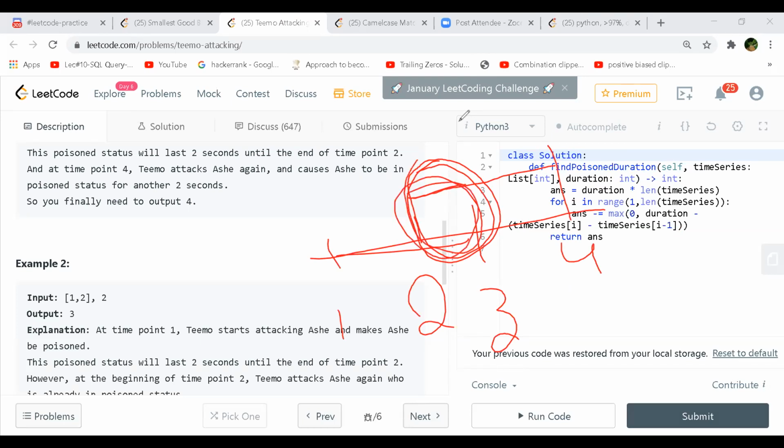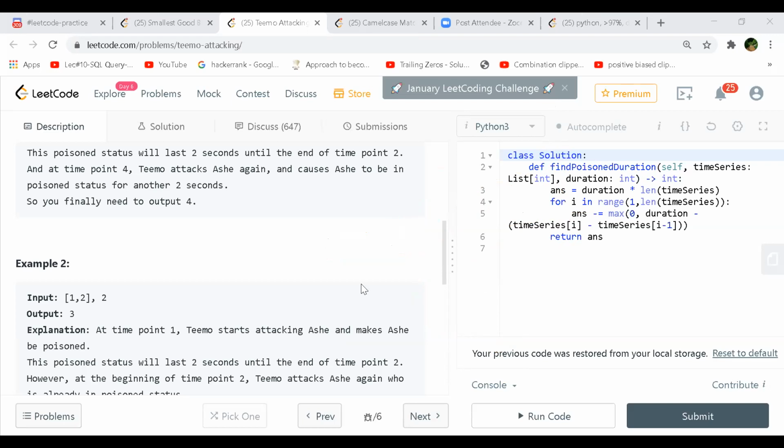It is overlapping between 2 and 3, and therefore the value comes to 3. So this is 1, this is 1, and this is 2.